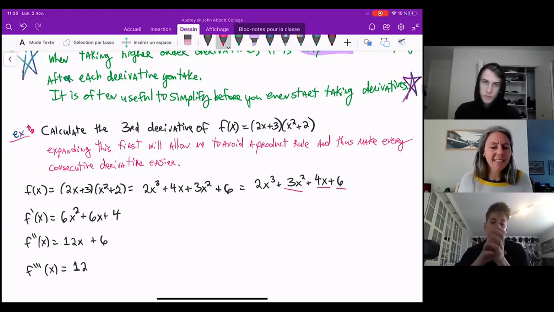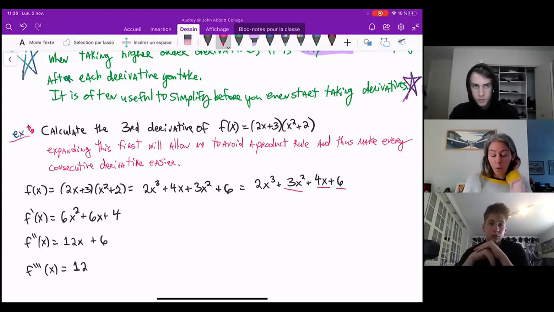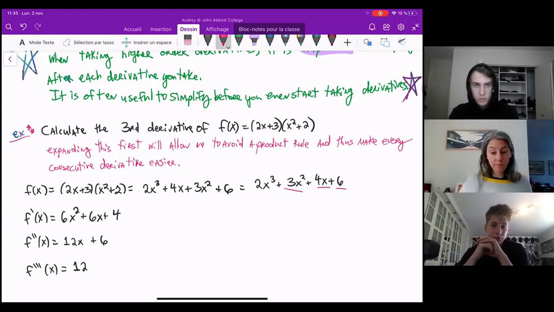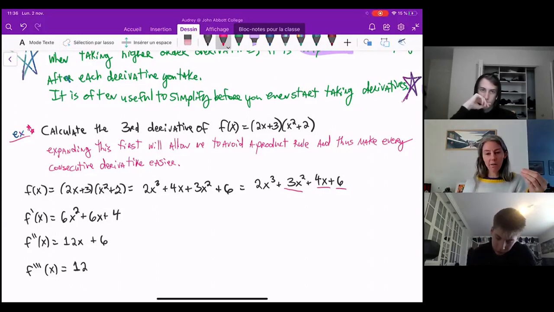If I had taken one more derivative, what would the answer have been? 0. So basically, what we're seeing here is that when we have a polynomial, the derivative of that polynomial will eventually become 0. Okay? When will that happen? The cubed became 0 at what power?